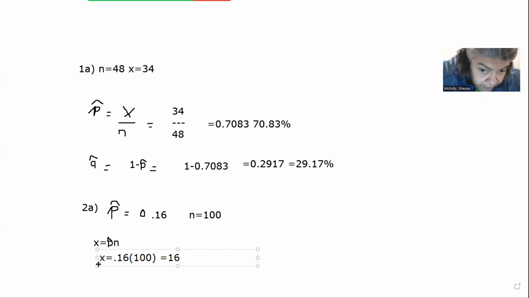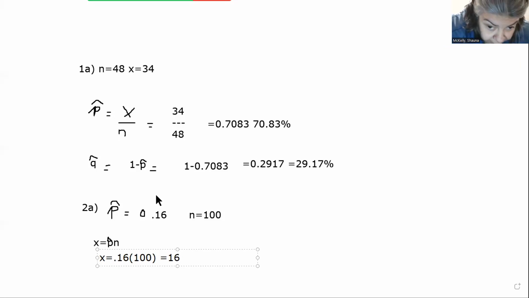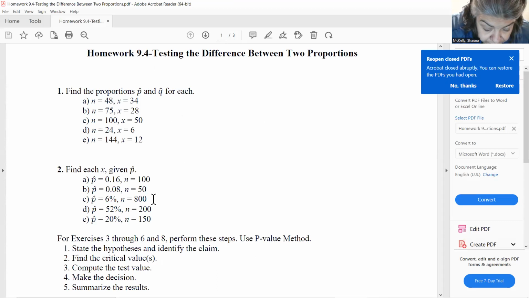That's your x. Now, remember, if they give you a percent, like they do in 2c right here, you have to convert that percentage to a decimal before you multiply. So 6% is 0.06.